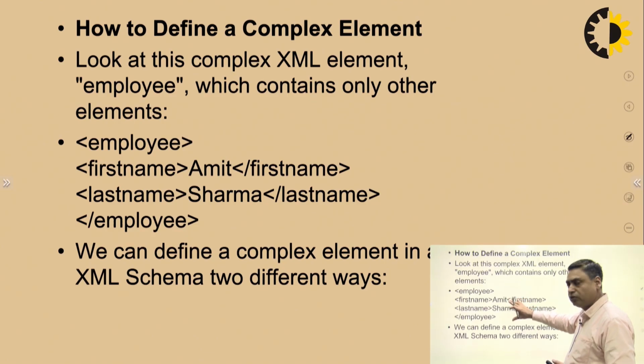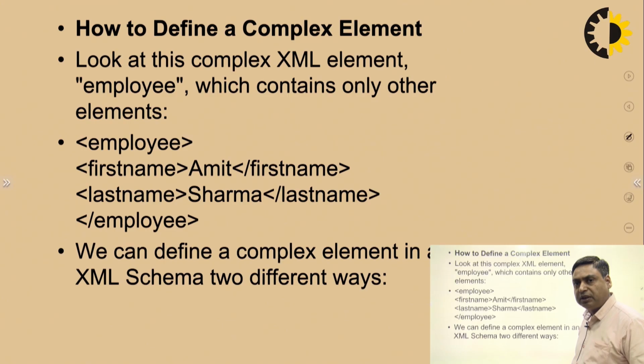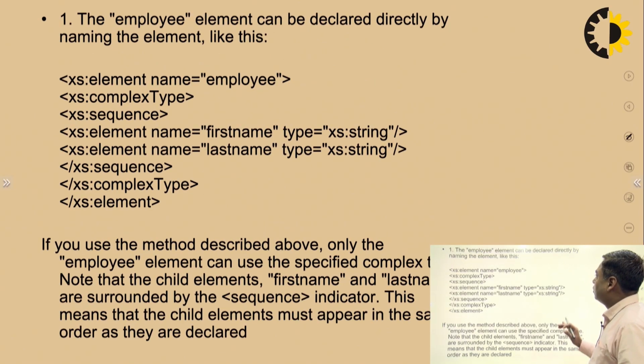Now, we are going to define the XML schema for this XML file. What are the ways of defining the XML schema for the complex element? There are two ways to define the XML schema.